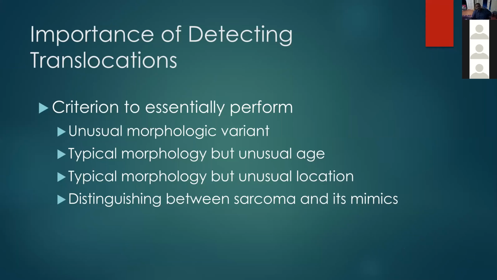Or an 80-year-old with a children's tumor, such as a neuroblastoma. That is why it's so important to have these translocations. And the other thing is to distinguish between different kinds of sarcomas and their mimics. There are certain sarcomas that look like carcinomas and so on and so forth.